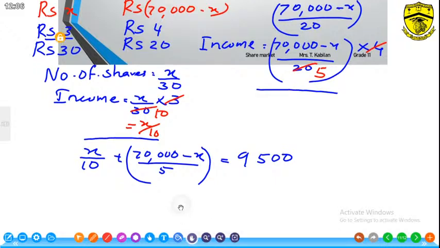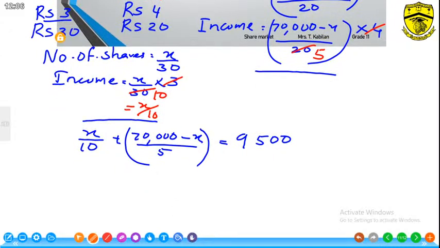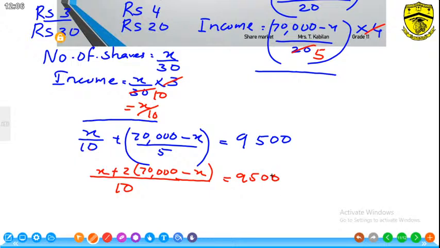How do we solve it? Here the denominators are 10 and 5. What is the common denominator? 10. So multiply the numerator by 2.